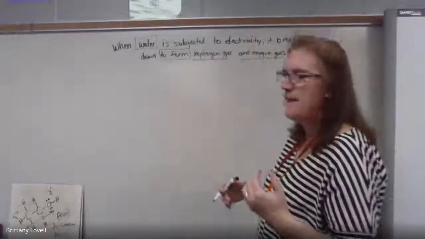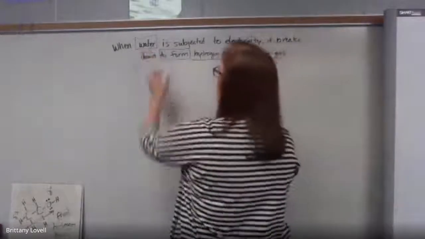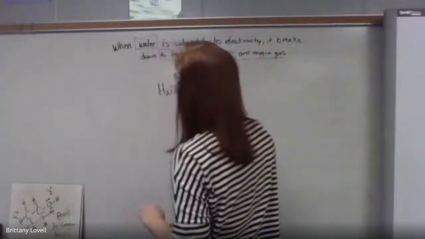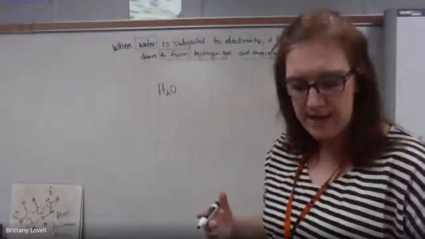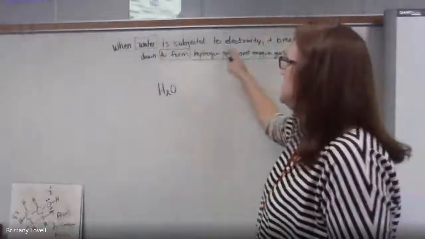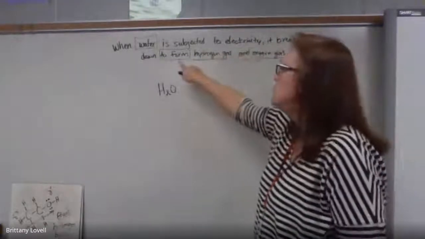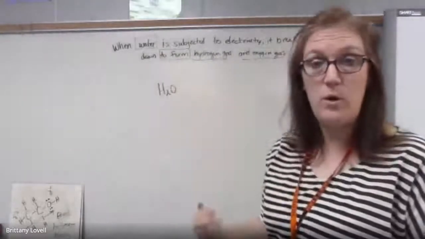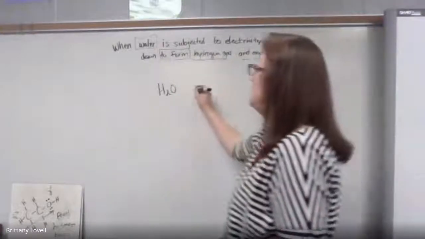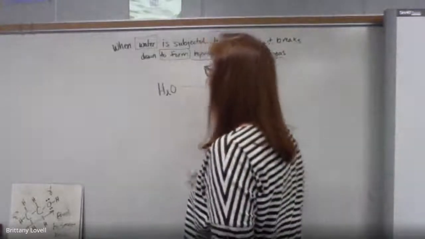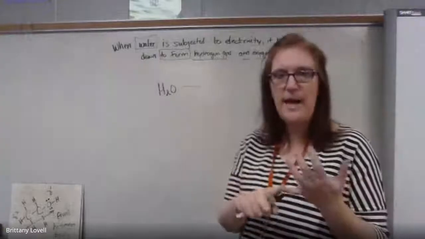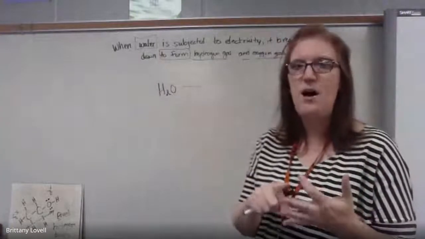Okay, we're starting with water, H2O. You're starting with water. That's your reactant, okay? And it's subjected to electricity. It breaks down to form. What do you put in place of "to form"? What could we write? You could write an arrow. So to form. And then our two products, hydrogen gas and oxygen gas.